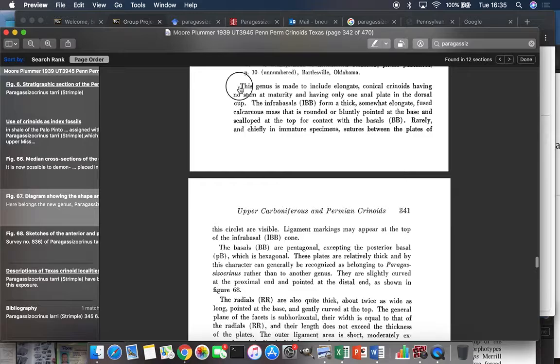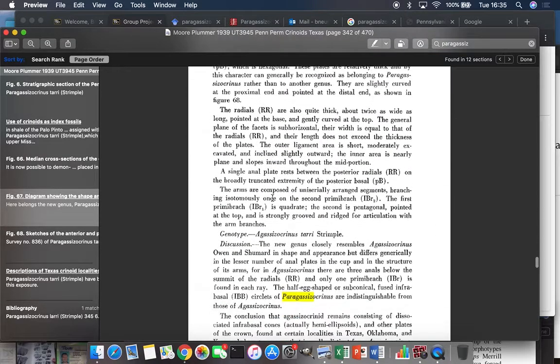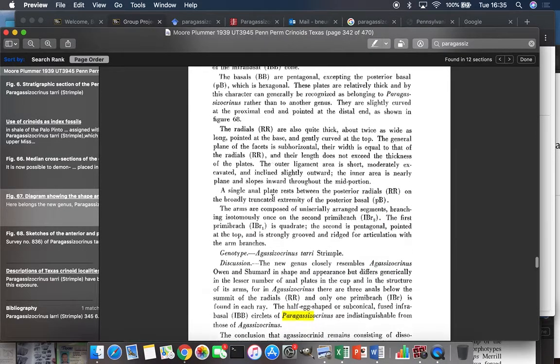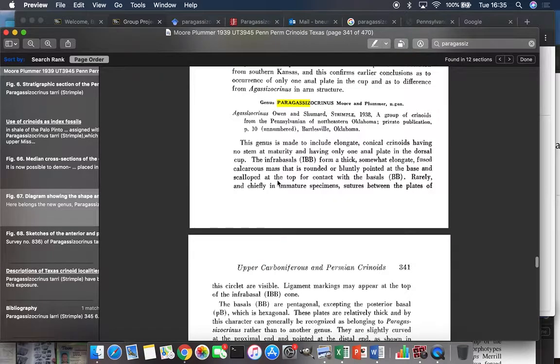And so then it goes on to tell you exactly what it is that makes this thing a Paragaseocrinus. It's going to have a lot of words in here, and so you're going to end up looking up a lot of these words. So the genus is made up of elongate, so long and skinny, like tall, conical, cone-shaped crinoids, and you can read about what crinoids are.